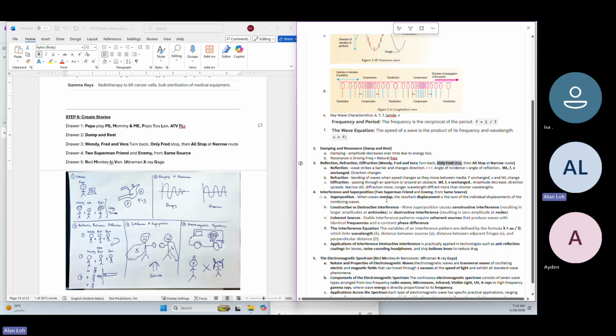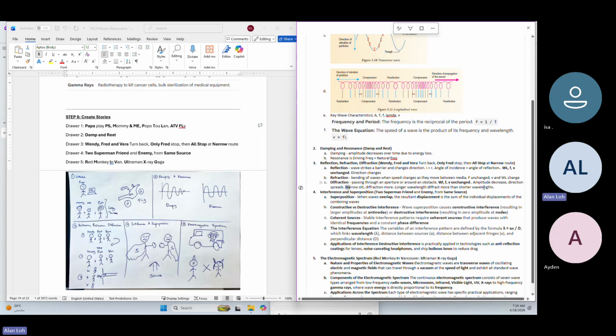Okay. Then the third one, all stop at narrow route. So it's about diffraction. Diffraction is similar to reflection. Everything is unchanged for these 3 key factors. They are unchanged. But there's something that you need to know. Narrow.